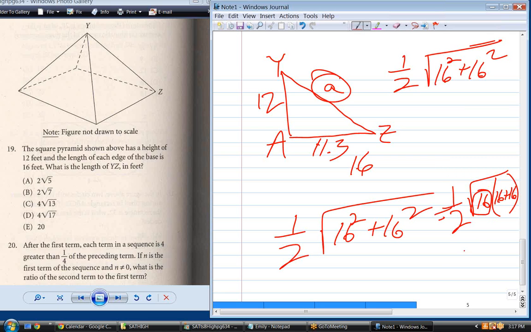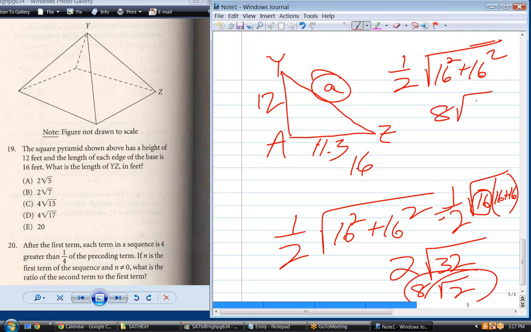Then I can remove that as a 4, so I get 2 times the square root of 32. Well, that's got another 16 in it, so now I got 8 square root of 2. This whole thing is 8 square root of 2.